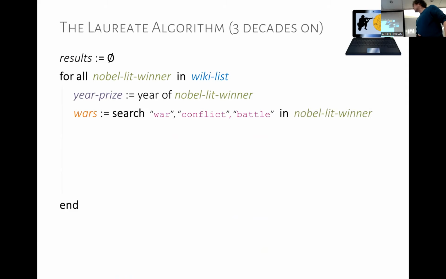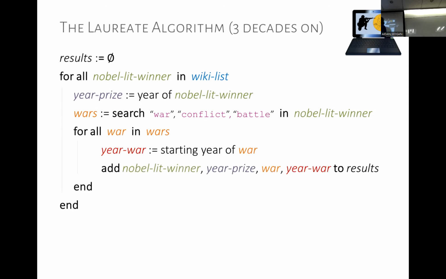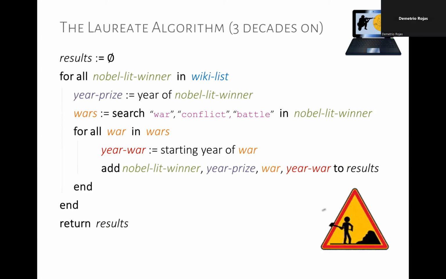And then we're going to search within this page for terms like war or conflict or battle using Control F. And then for all of these wars that we found, we're going to click that link and find the year that the war started. And we're going to add this information to our results with the Nobel literature winner, the year of the prize, the war, and the year of the war. And return the results. So that's a whole lot of manual work. And the question is, do we really need to do that?